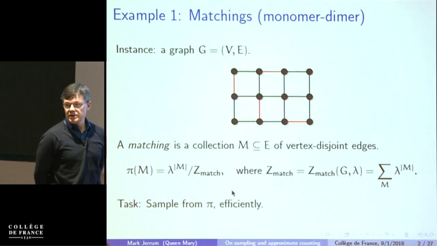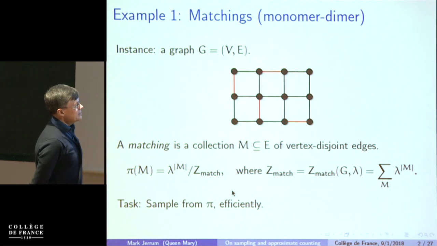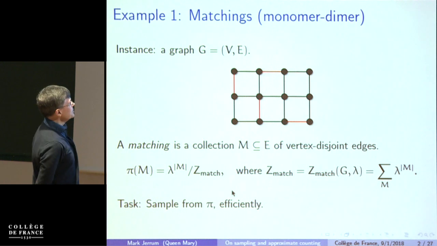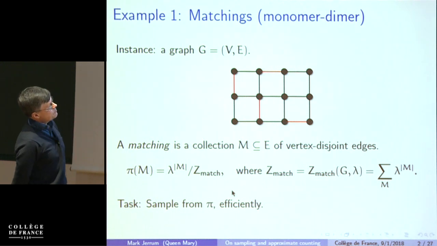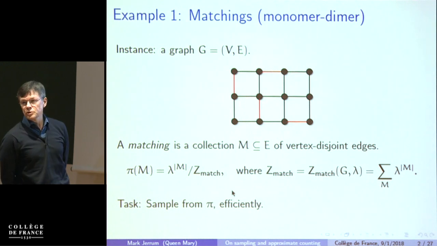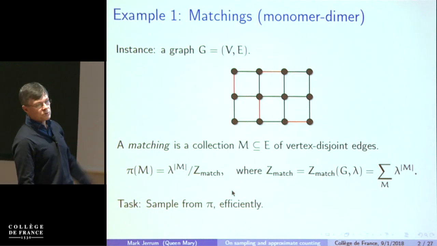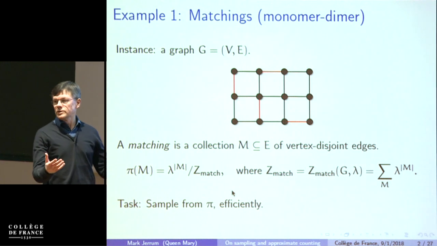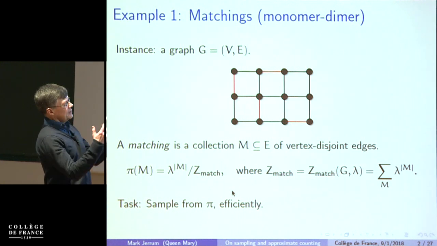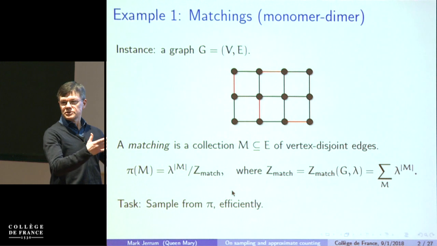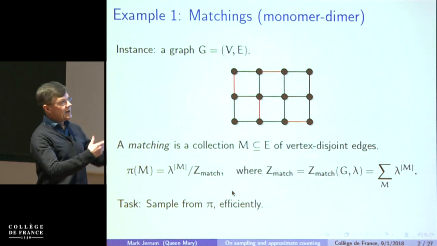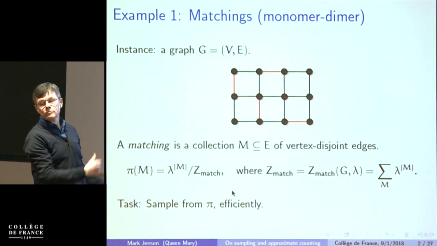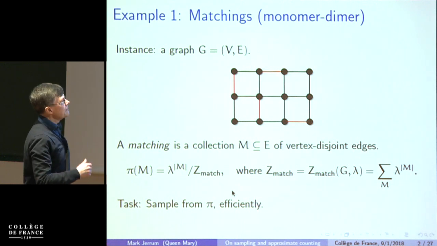There's obviously going to be an awful lot of those things if the graph is of any reasonable size. And we're interested in sampling them according to a distribution. If we set lambda equals 1 to start off with, then what we want is just a uniformly selected random matching, a randomly selected one of those red things there.